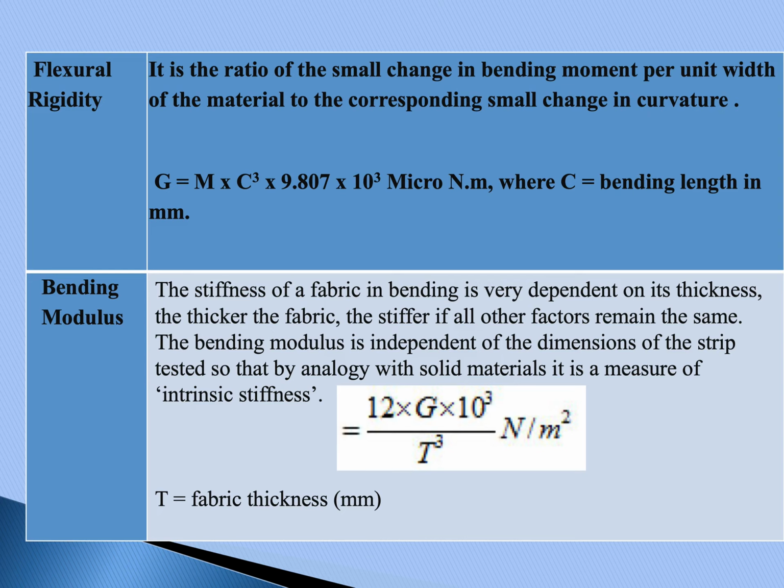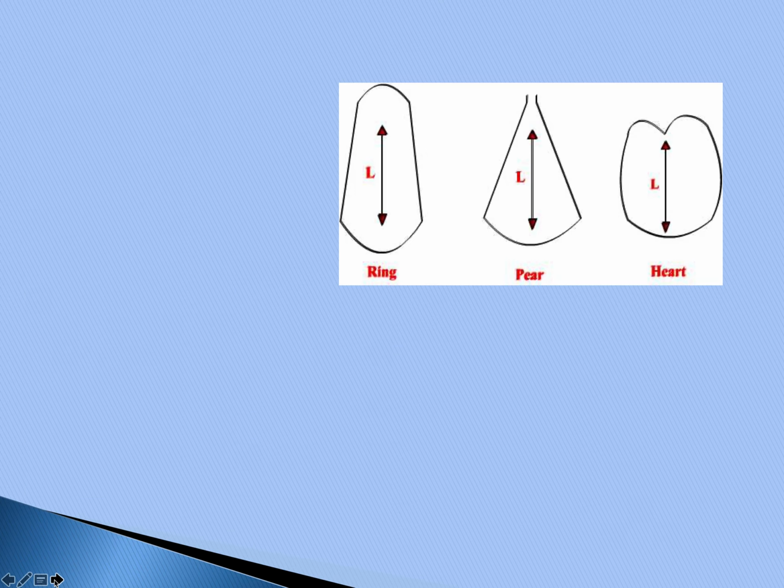But for fabrics which are too limp, like in case of knitted fabrics, this test method is not very suitable, and for knitted fabrics a different approach is used for determination of their stiffness. So this we will be discussing in the next lecture, how the bending rigidity and the bending length or the bending properties for knitted materials are determined basically by three methods: the ring, pear and the heart loop method, which will be the part of the next lecture.